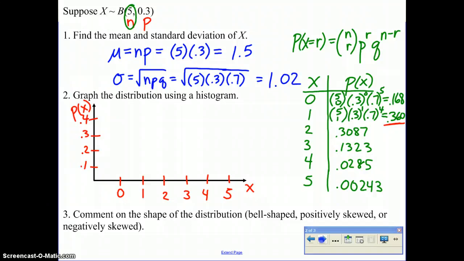Probability of 0 is 0.168. So it's roughly right there. Probability of one success is 0.360. Getting a little bit off, but that'll do. Probability of two successes is 0.3087. Approximately right there. 3 successes is 0.1323.